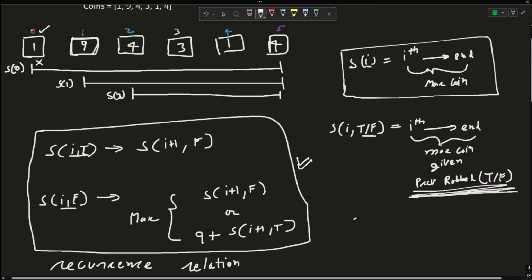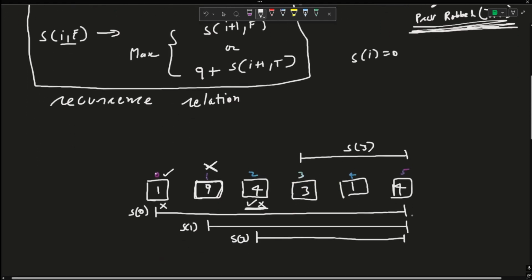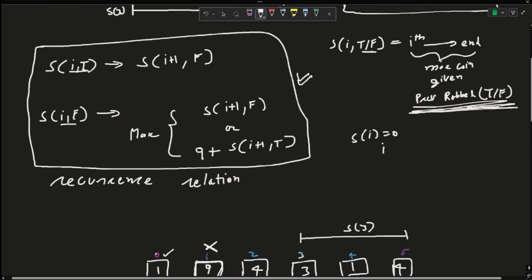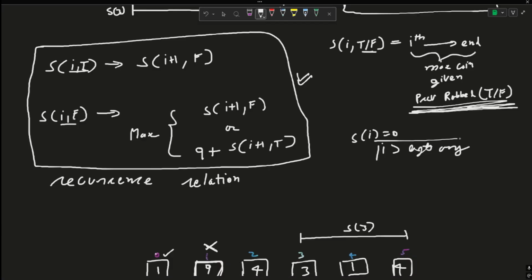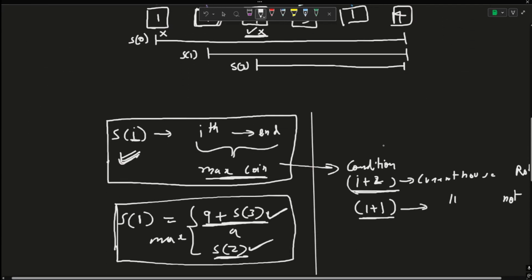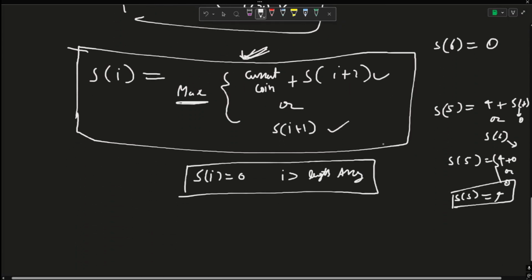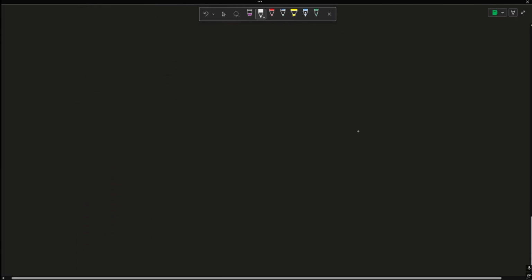Here also, S of I is 0, this would be our base case, when recursion will stop, when I is greater than length of array. Okay, so this was the solution for the house robber problem.